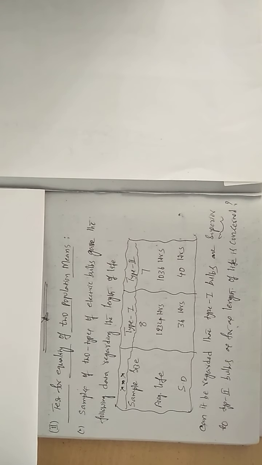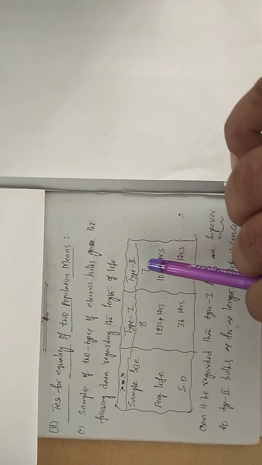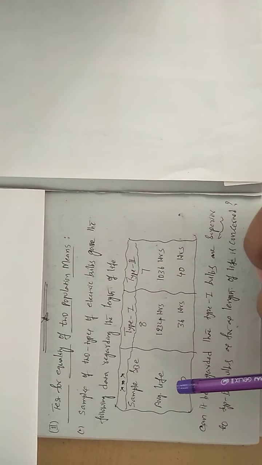So let us see this example. Test for equality of two population means under small samples. The samples of two types of electric bulbs gave the following data regarding the length of life. Sample sizes: first sample 8, second sample 7.